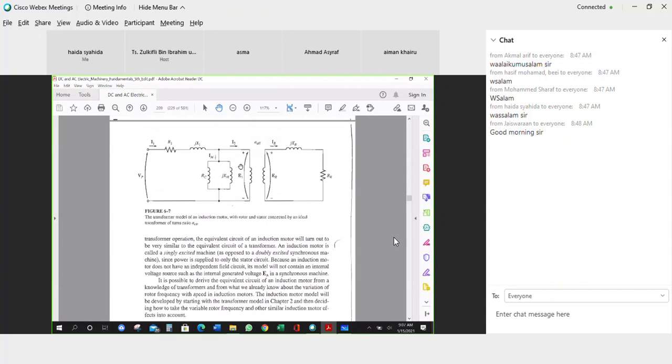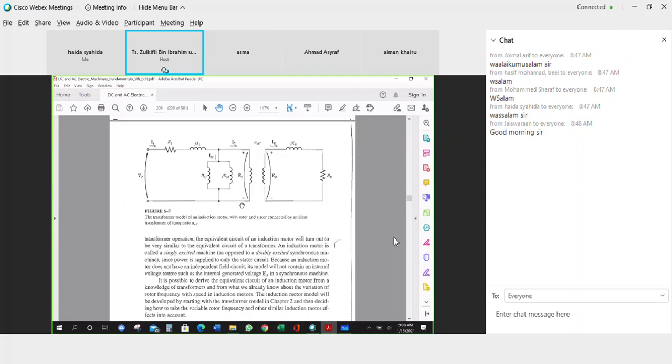When your machine is stationary, you can measure the voltage at the rotor. The value is like a transformation from the primary to the secondary windings, just like the transformer.